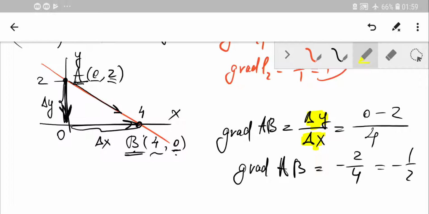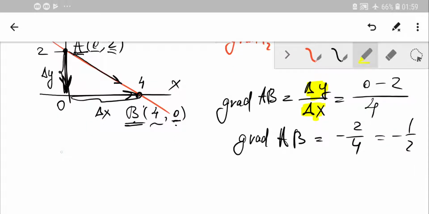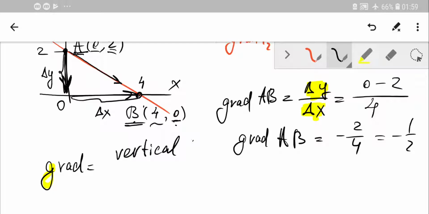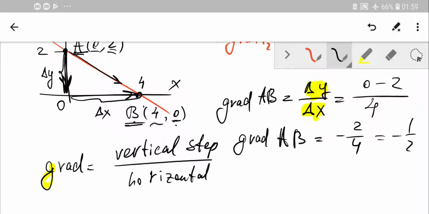Or, for simplicity, you can define gradient as vertical step over horizontal step. Okay, that's the same.